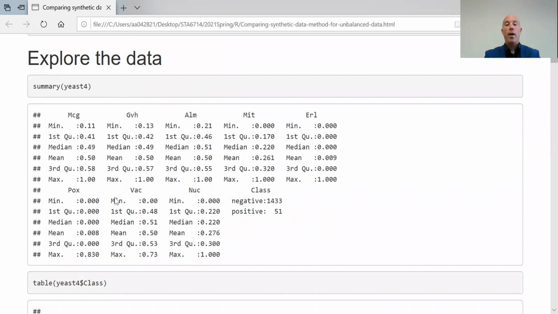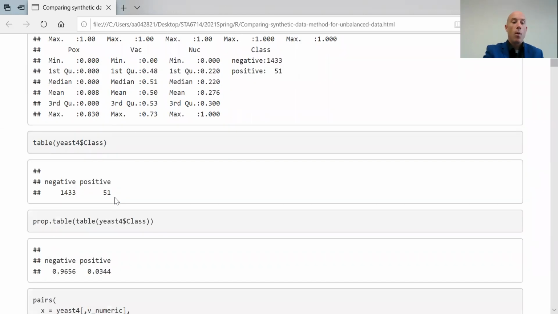All right, so now let's take a look at the data. We can see that, roughly speaking, all the predictor variables that are numeric go from 0 to 1. That's nice because now we know that the data is within the same range of values. Now I look at the target variable, and we can see that we only have 51 positive cases, and over 1,400 negative ones.